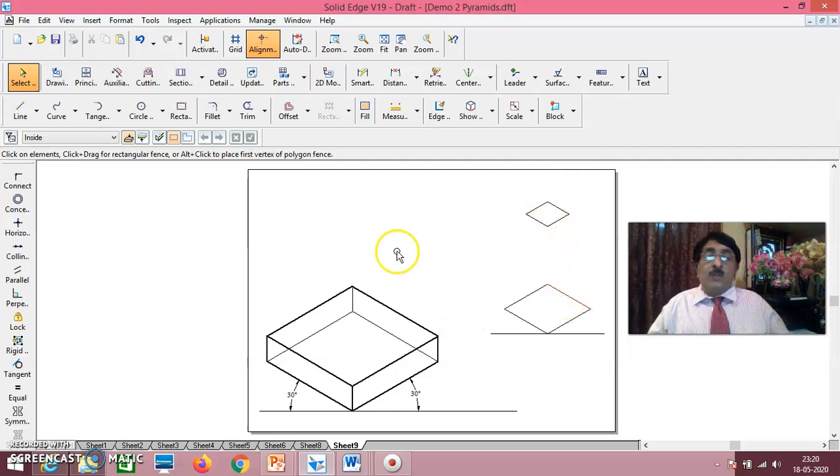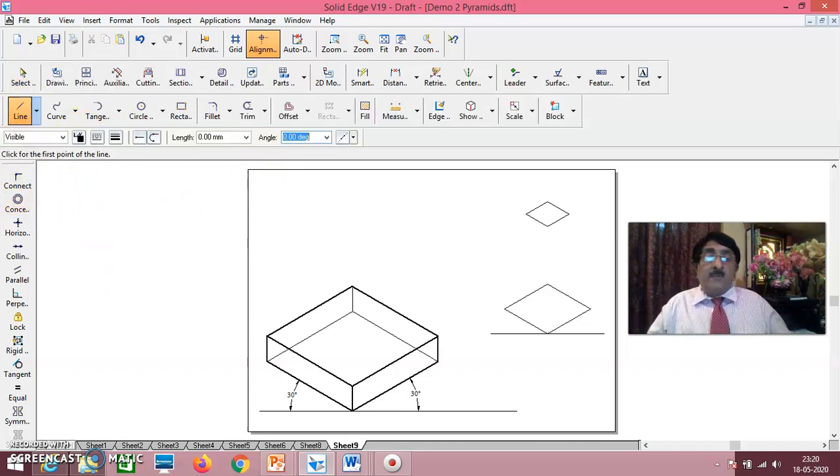Now you know very well the height of this is 60 mm. What I'll do now, from the center of this, I'll go to a height of 60, because the height is 60.